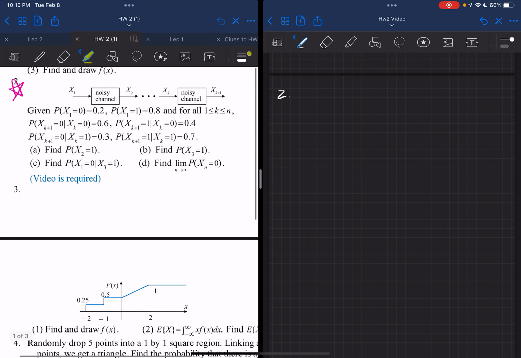For problem 2, part A, we need to find the probability that x2 equals 1.